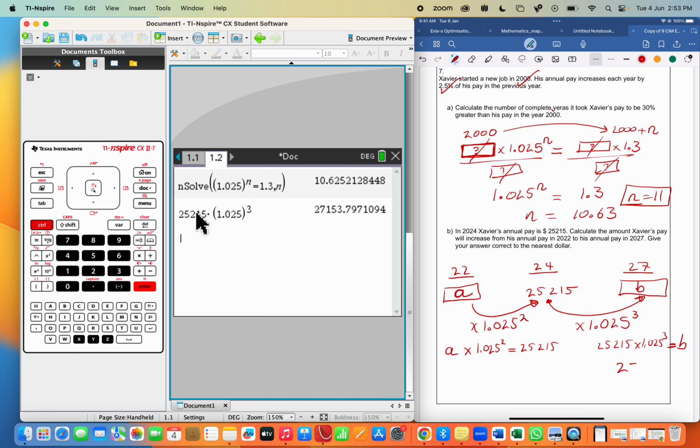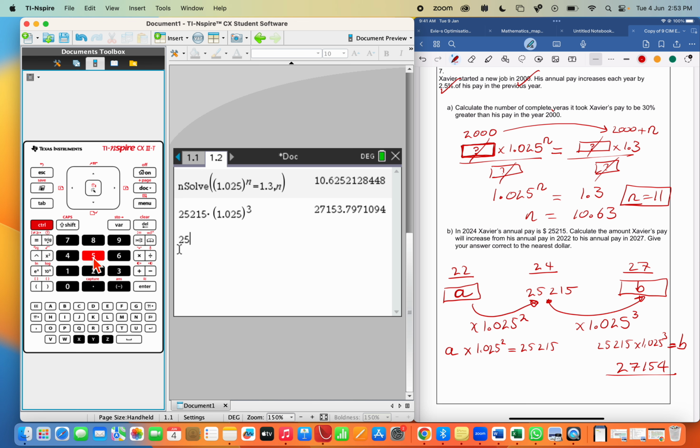B is 27,154 to the nearest dollar. And then we obviously have to do a little division, so 25,215 divided by 1.025 squared. That equals, oh, look at that, beautiful, 24,000.